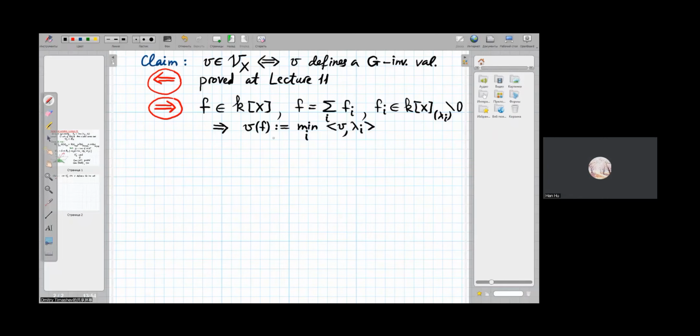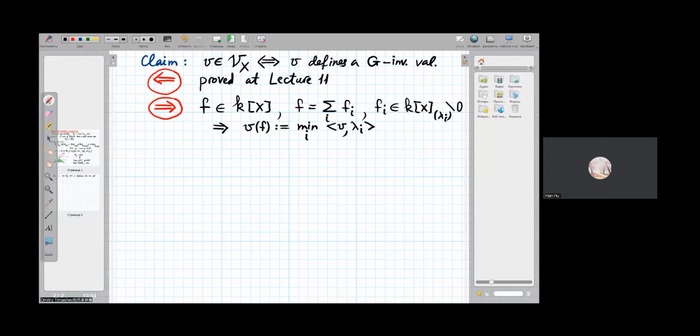So we deduced this formula for a G-invariant valuation on the previous lecture. And now if you want to define a G-invariant valuation from this vector v, then this is the unique way to do it, at least for regular functions.